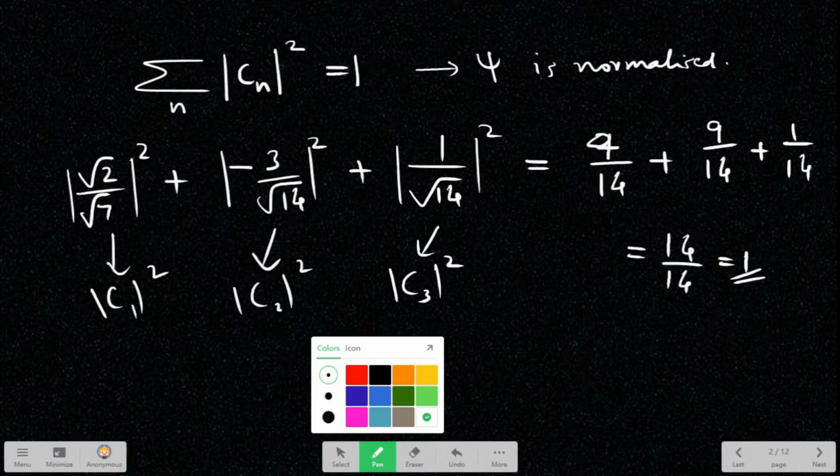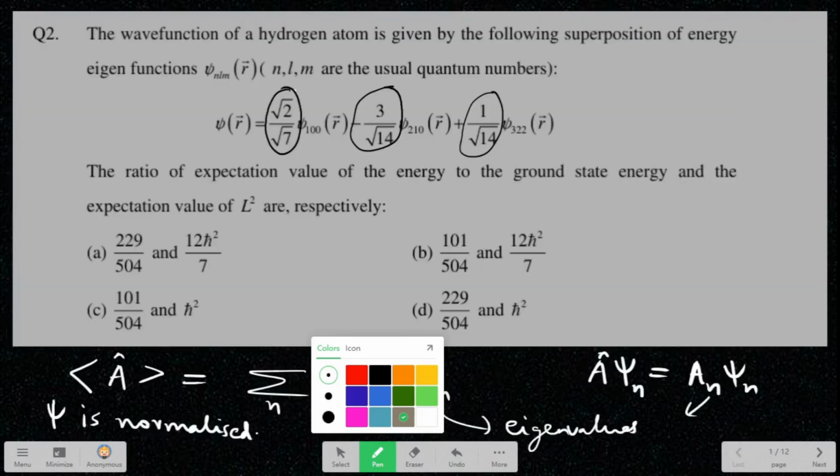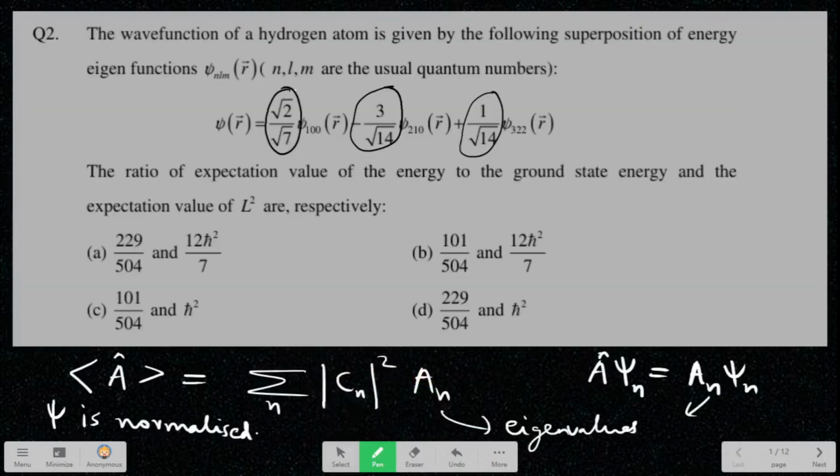So summation over n Cn mod square is coming out to be 1. So psi is normalized. Therefore we can use the relation: expectation value of A is equal to summation over n Cn mod square An.